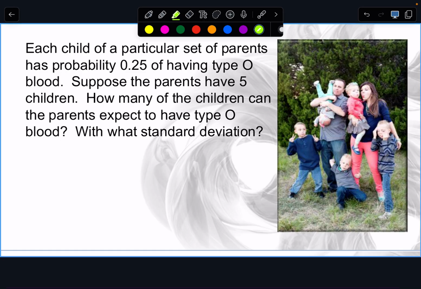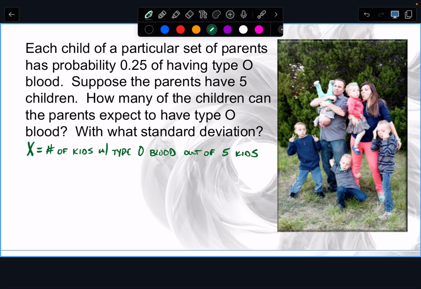So the first thing, before I can start any calculations, I need to define my random variable. Okay, so my random variable, I'm just going to use the letter x.